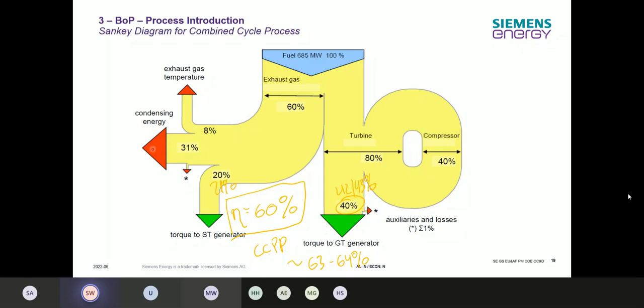So when we say 31% of 685 megawatt, we are somewhere over 200 megawatt, or 220 megawatt even, which we are not using. So this amount is just for heating cooling water.